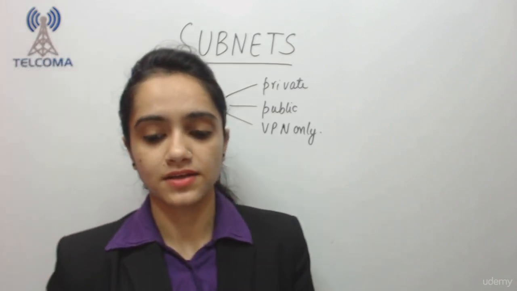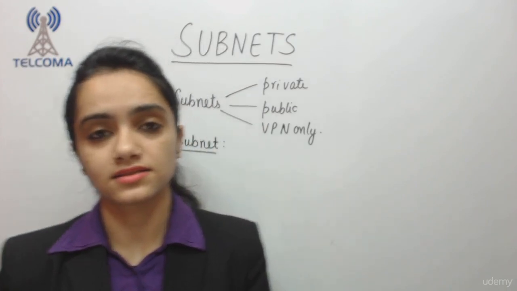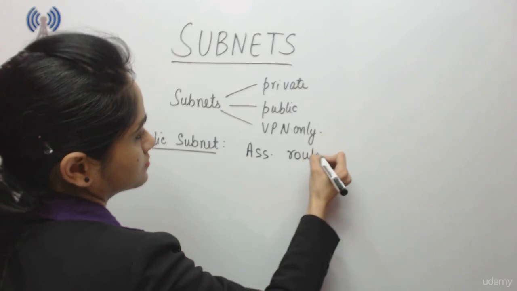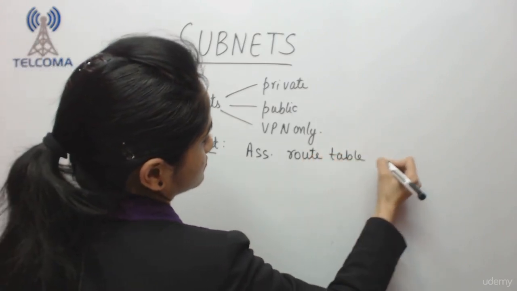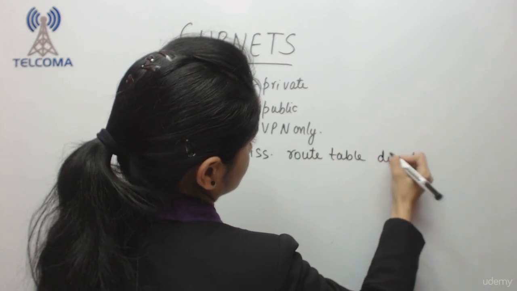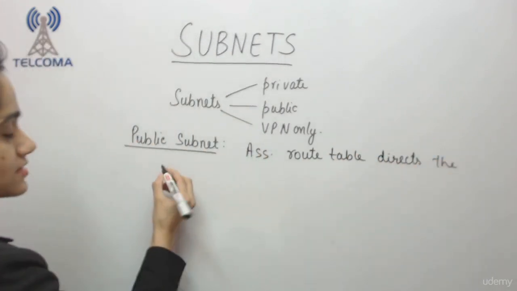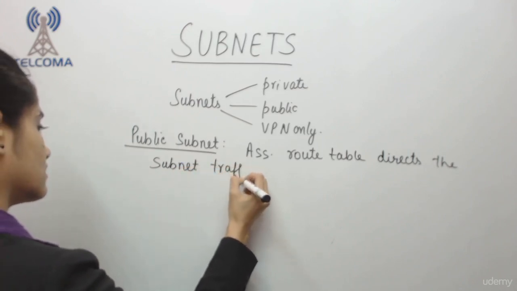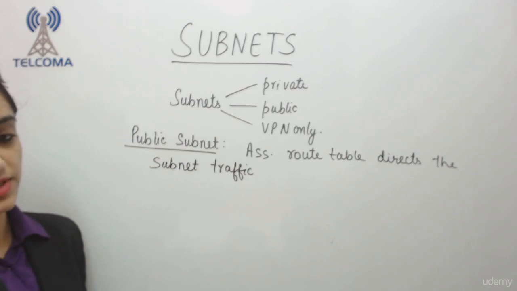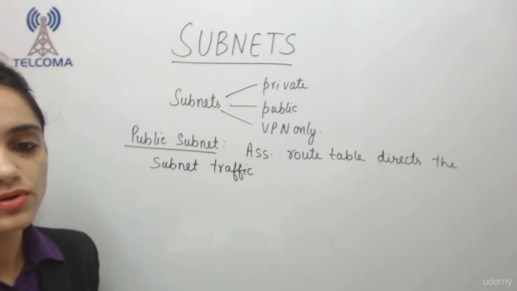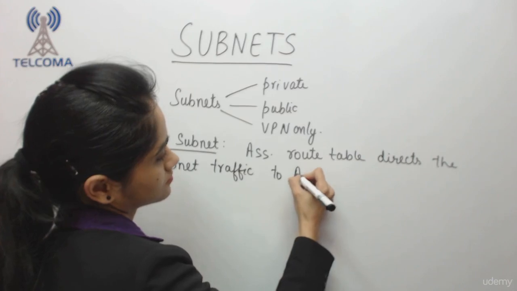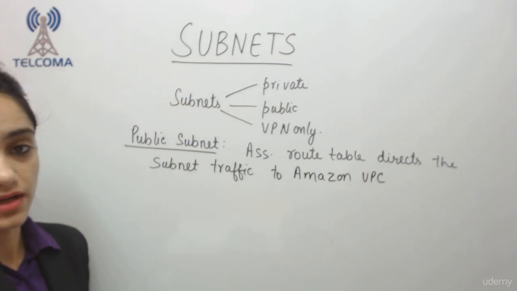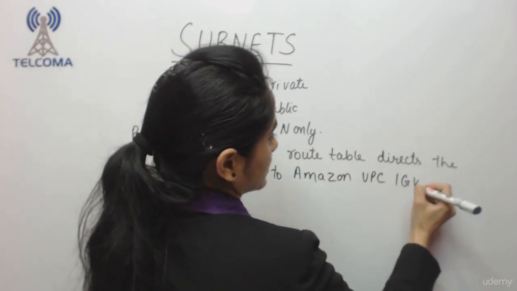In a public subnet, the associated route table directs the subnet traffic to the Amazon Virtual Private Cloud internet gateway.